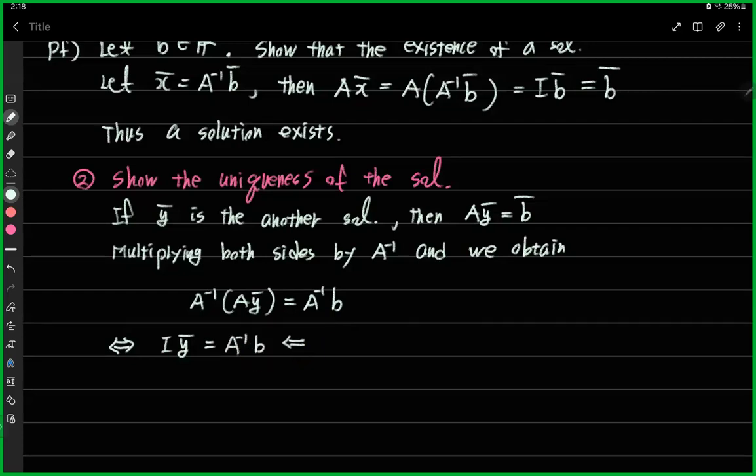This is equivalent to Y bar, because the identity matrix literally does nothing. So Y bar is A inverse B bar.